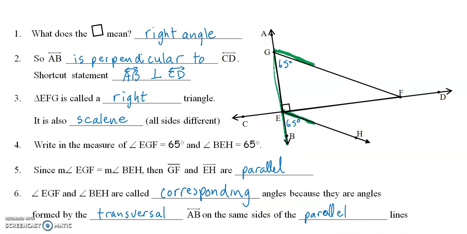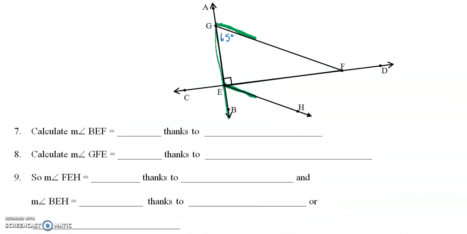So we've seen this before. Now we're just seeing it in reverse. So knowing that those two angles are 65 degrees gave us the fact that these two lines must be parallel because of corresponding angles. Next, we're looking at the measure of angle BEF, which is basically another 90 degrees because of the perpendicular lines.